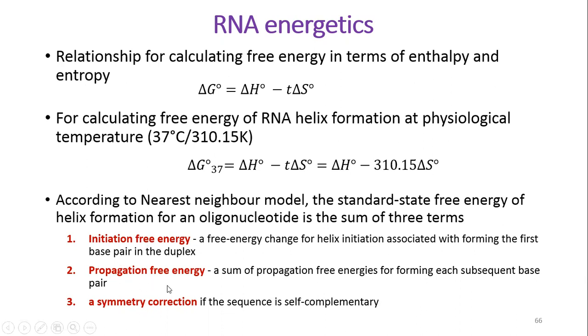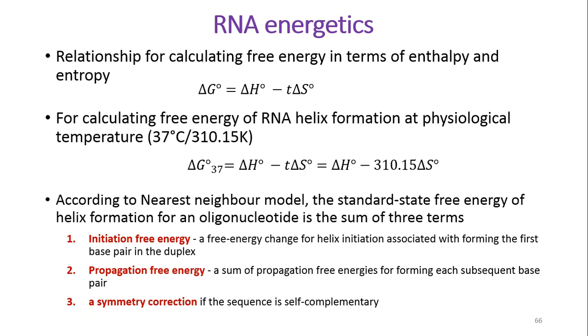Then next, what you should know is the propagation free energy. Your propagation free energy is nothing but the sum of the free energies of forming each and every subsequent base pairing. For example, if your RNA is in an unfolded state, there would mathematically be a first base pairing that would happen, right?